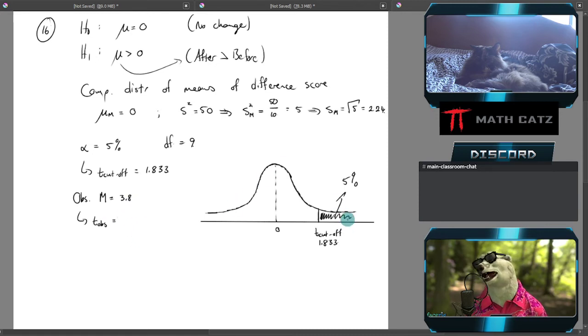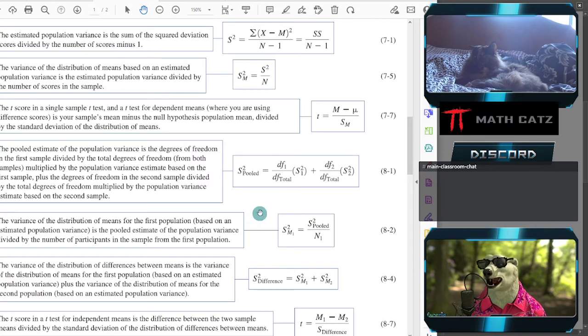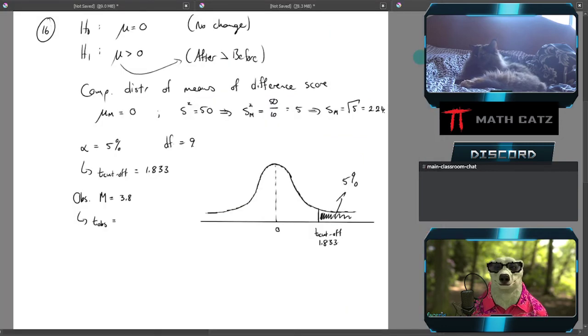This is a t-distribution as soon as I approximate the standard deviation. So I'll go to the formula here just to show you. Formula sheet. We're still over here in formula 7.7. So we take our 3.8 minus 0. I'll still say the 0 to fill in the formula completely.